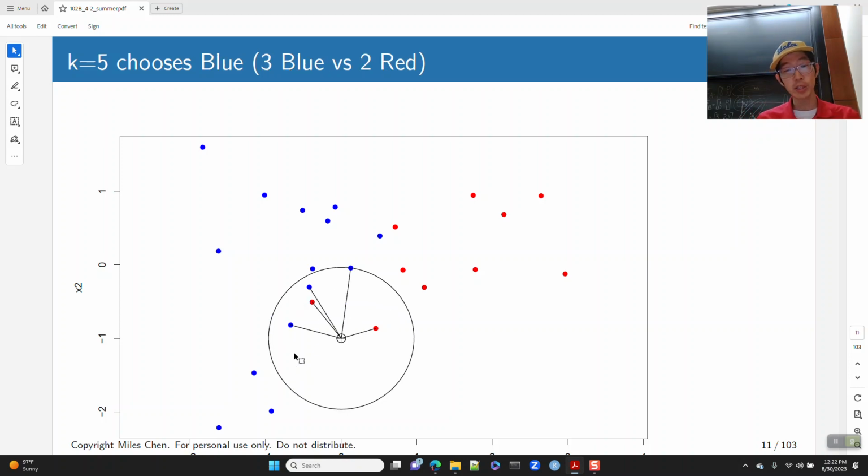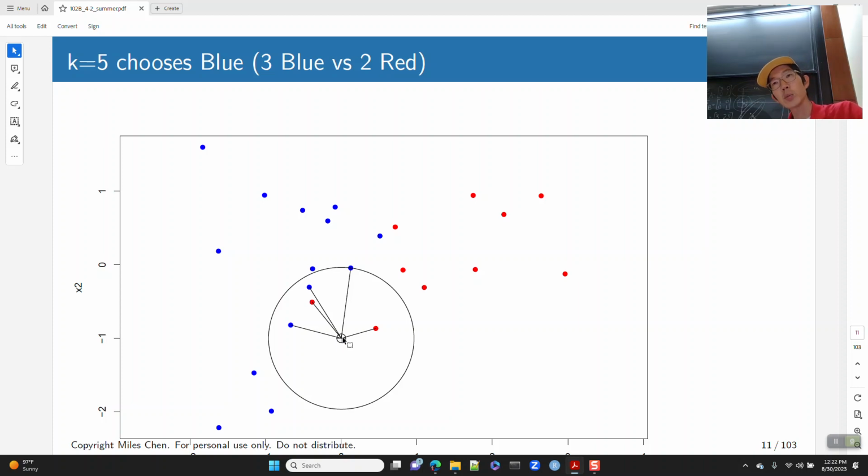If I go up to K equals 5, these are the 5 nearest neighbors. Again, a circle is drawn at the 5th distance, and there are 4 points that are closer, and that's the 5th one. Out of the 5 points, 3 are blue and 2 are red. So if we used K equals 5, the same test point would get classified as blue.